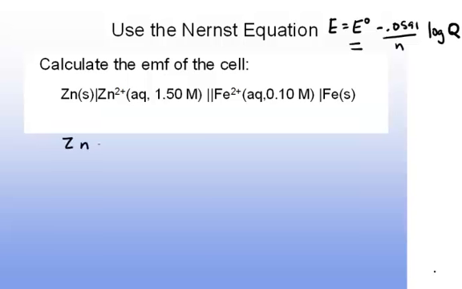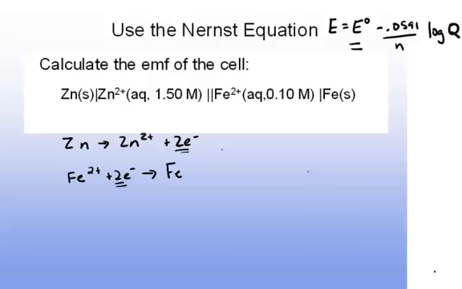So we have zinc going to zinc ion plus 2 electrons, and we have iron being reduced from the iron in the plus 2 state to iron solid. So 2 electrons are being produced and 2 electrons are being consumed. So the transferred electrons here, the N, is going to be equal to 2.